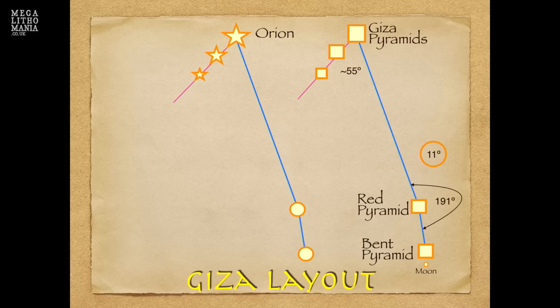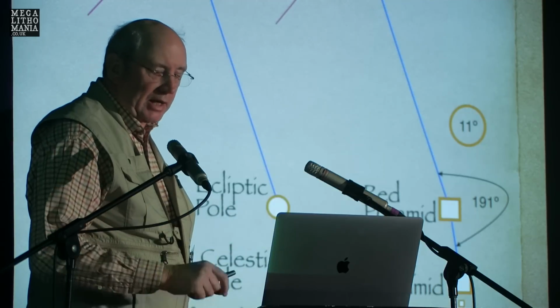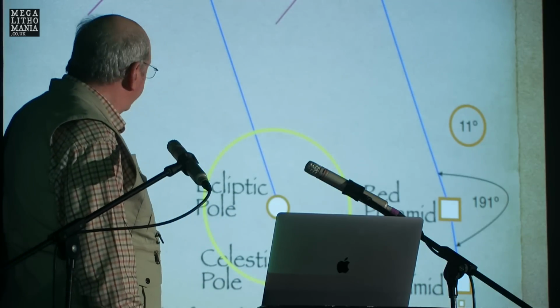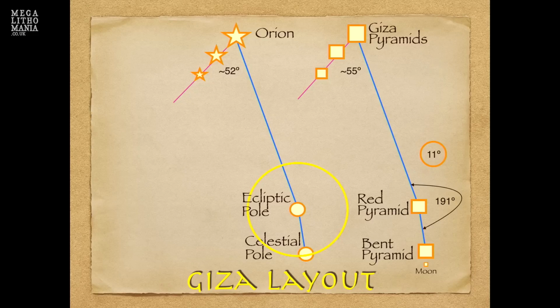We have Orion, the ecliptic pole, and the celestial pole, just as we've been talking about previously. And if you remember from the previous diagram, the celestial pole goes around the ecliptic and it forms that yellow circle in the heavens above. Here's the yellow circle.